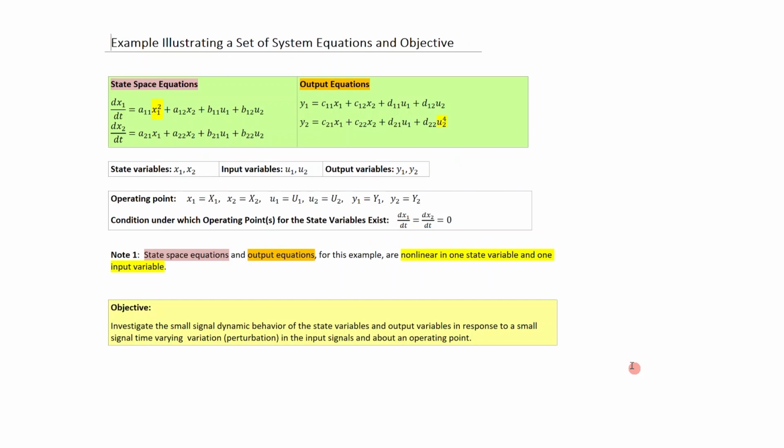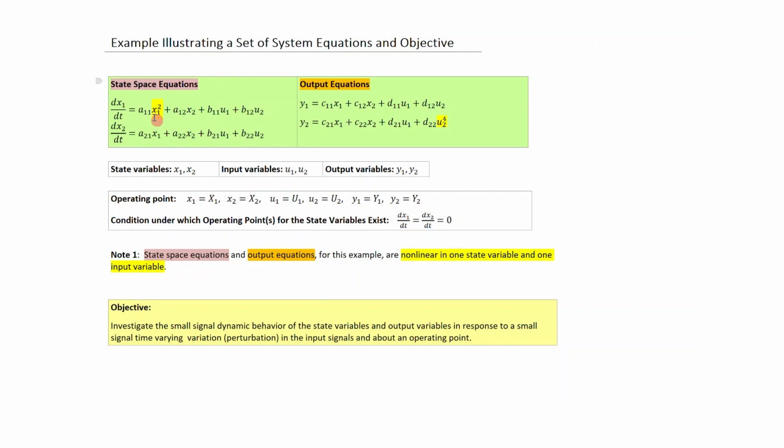Let's look at some examples illustrating a set of system equations, and then finally derive what the actual objective is. If we have, for example, a case with 2 state variables and 2 input variables, this is just an example of equations that we could have. You have a differential equation in the state variable x1 and one for x2. This involves x1 squared, x2, u1, and u2.